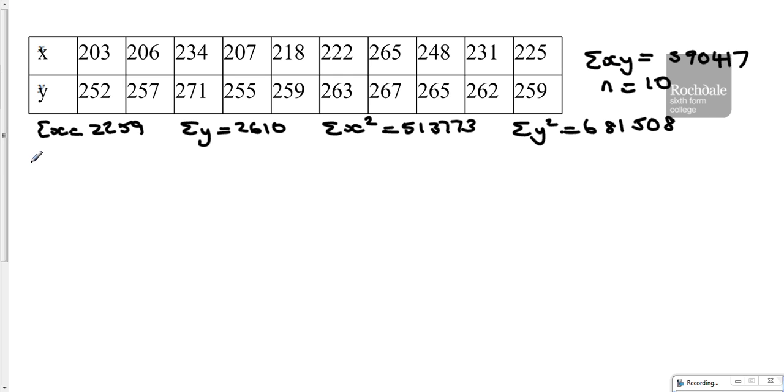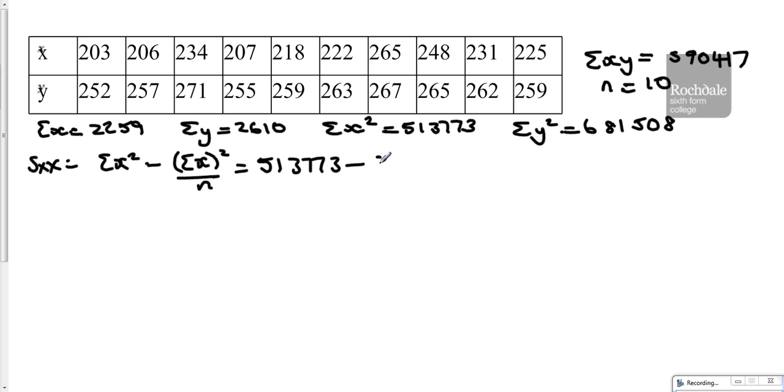To work out the correlation coefficient, we need to work out Sxx, which is sum of x squared minus the sum of x all squared over n. Substituting in the values, 513773 minus 2259 squared divided by 10.